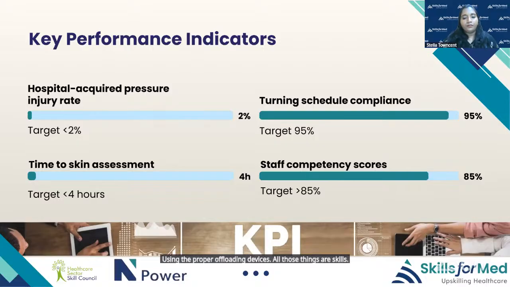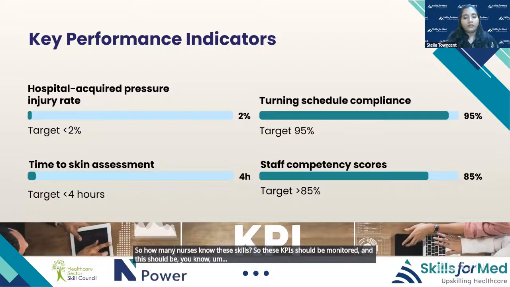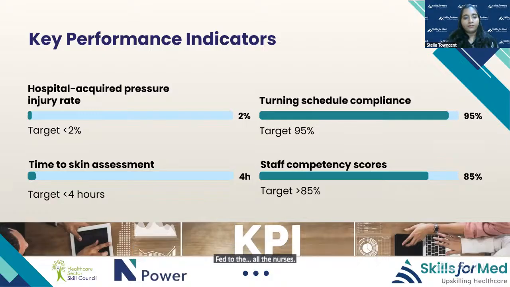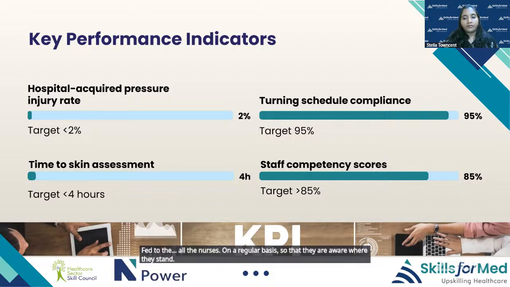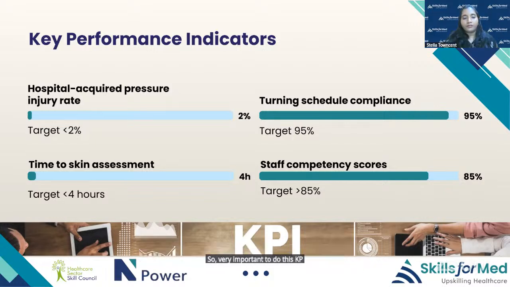So how many nurses know these skills? These KPIs should be monitored, and this should be fed to all the nurses on a regular basis so that they are aware where they stand. So very important to do this KPI monitoring. Next slide.